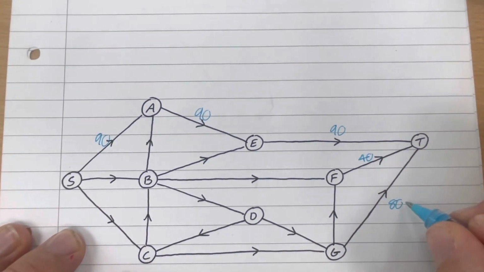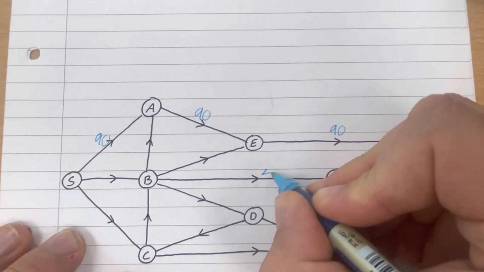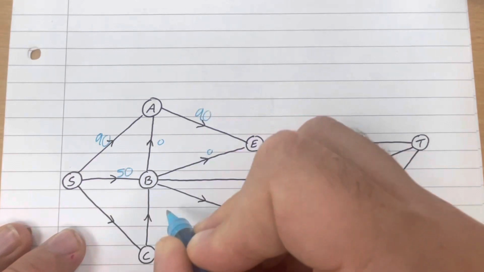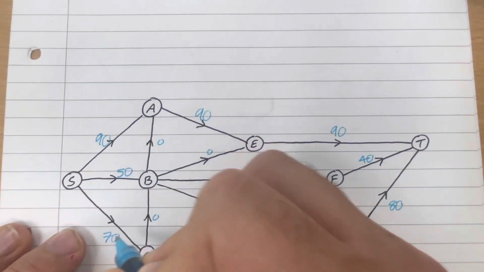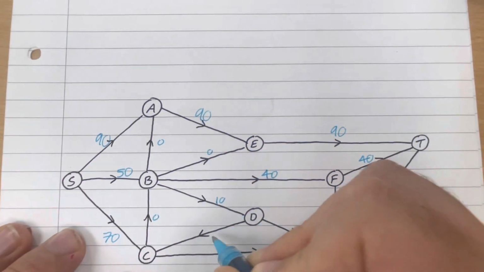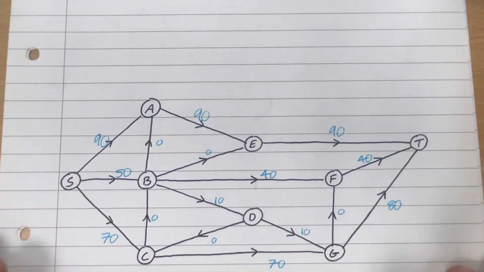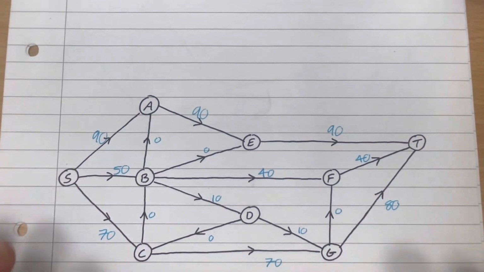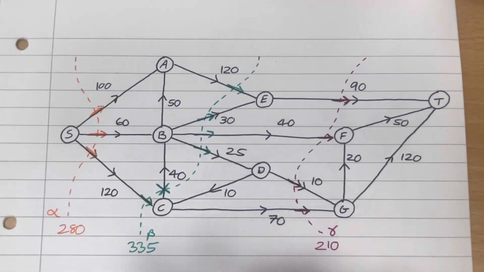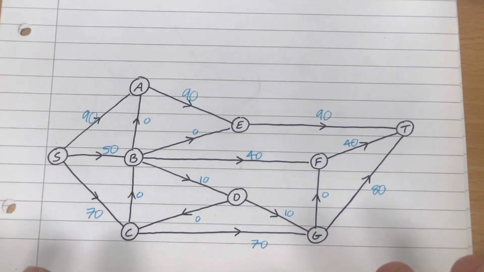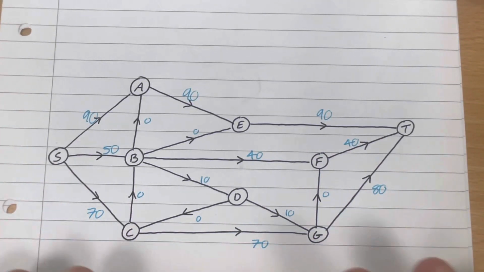Might not be exactly this actually, but this is a solution. 0, 0, 50, 0, 70, 10, 0, 70, 10, and 0. Okay, so this is a solution to the problem, which is how much flow can we get from the source to the sink through this network. Might be slightly different to two videos ago, but it doesn't matter for this part of the video.